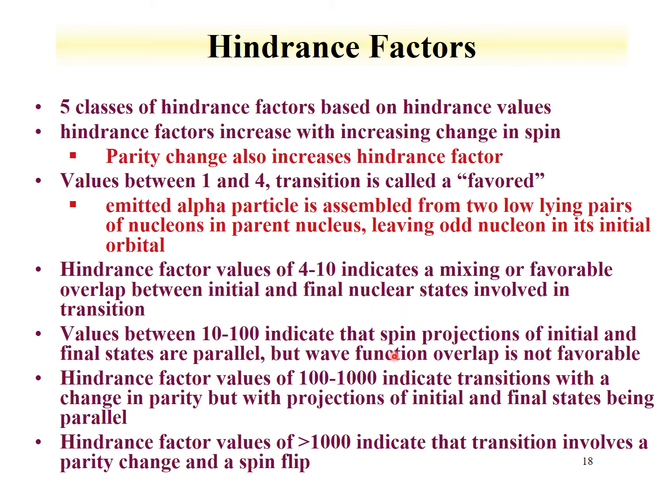Higher factors indicate that a change in parity is going to occur, but with projections of the initial and final state being parallel, and hindrance factors of 1,000 or greater indicate that the transition involves a parity change and a spin flip. So, more fundamentally, hindrance factors go up when changes from the parent to the daughter become more involved in terms of having to change spin or parity.